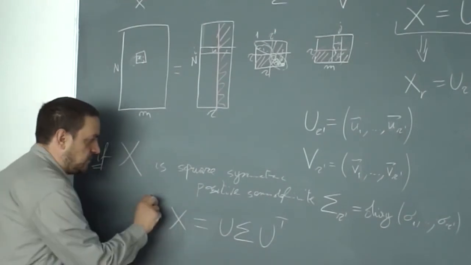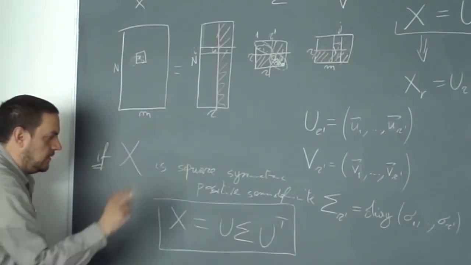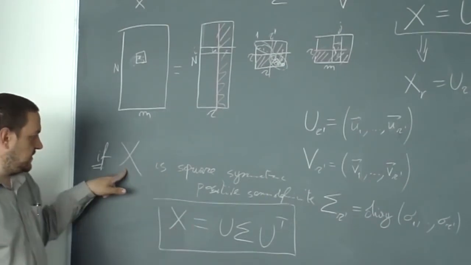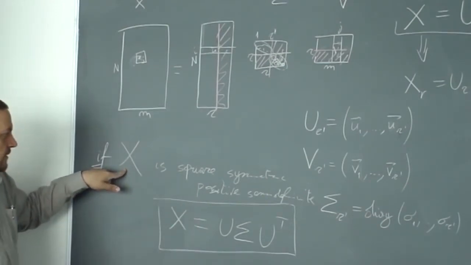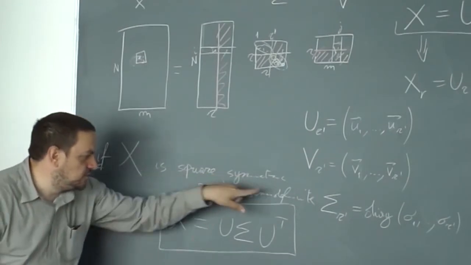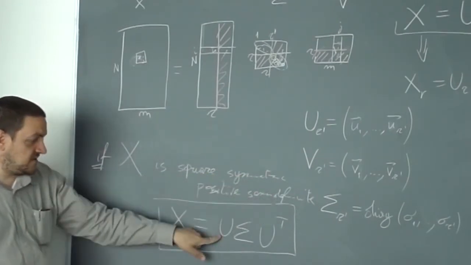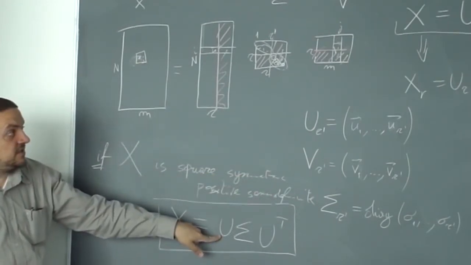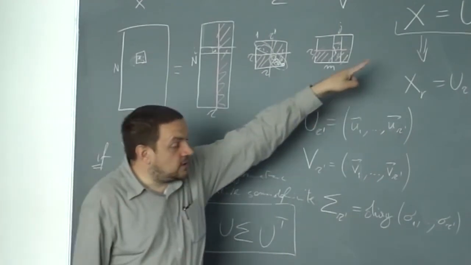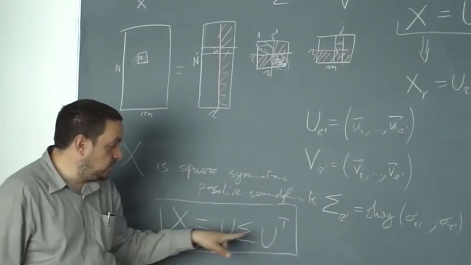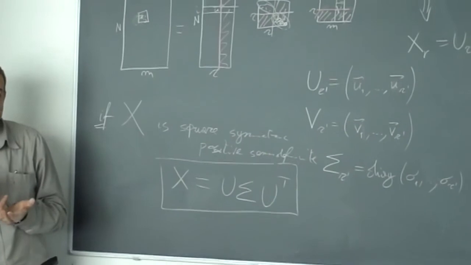So this is what happens when x is a very good matrix with very good properties. This can be seen as a particular case of our singular value decomposition where u and v are the same matrix.